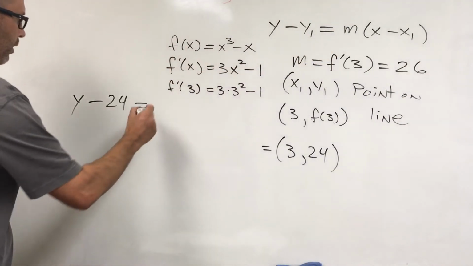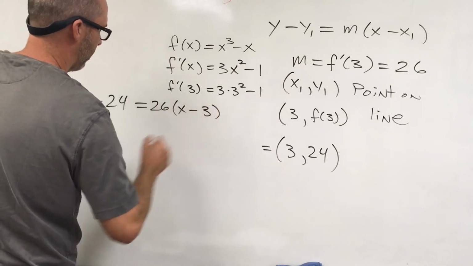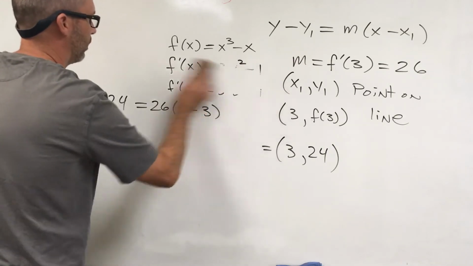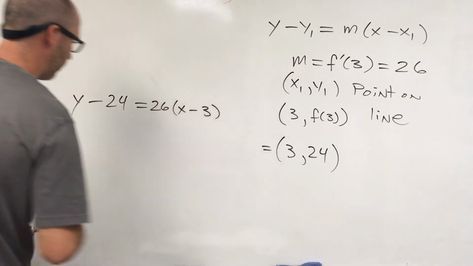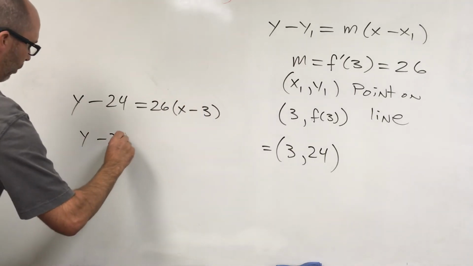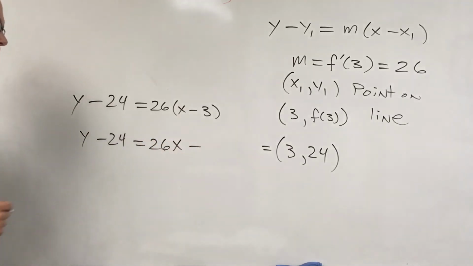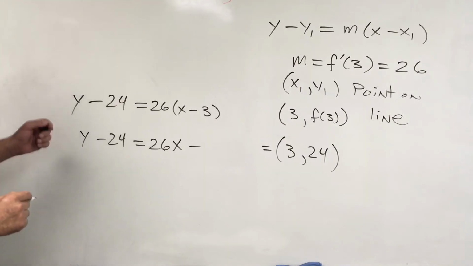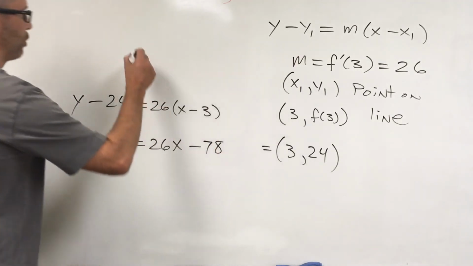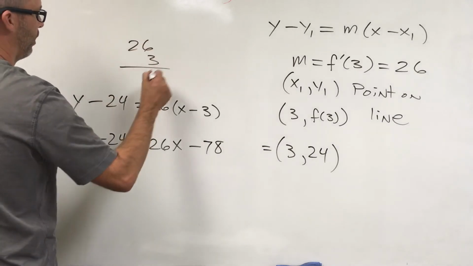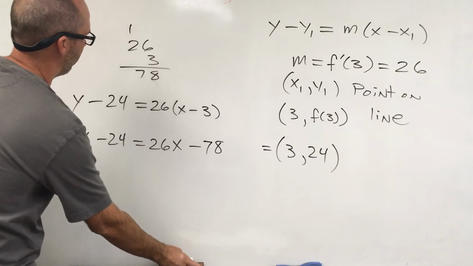Okay, so 26 times x minus 3. So y minus 24 is 26x minus 78, just to be sure, yes, okay.